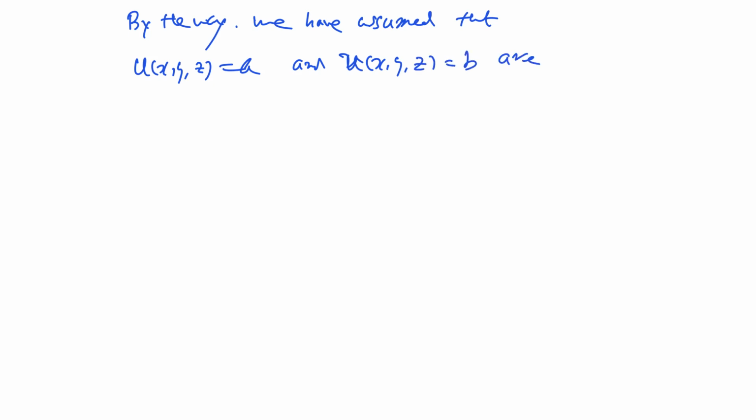We have assumed that u(x, y, z) equal to a and v(x, y, z) equal to b are solutions from dx over P equals dy over Q equals dz over R, right?